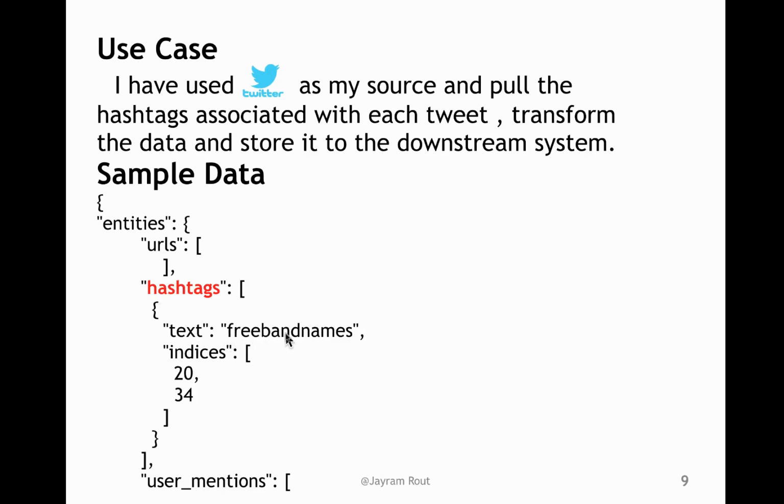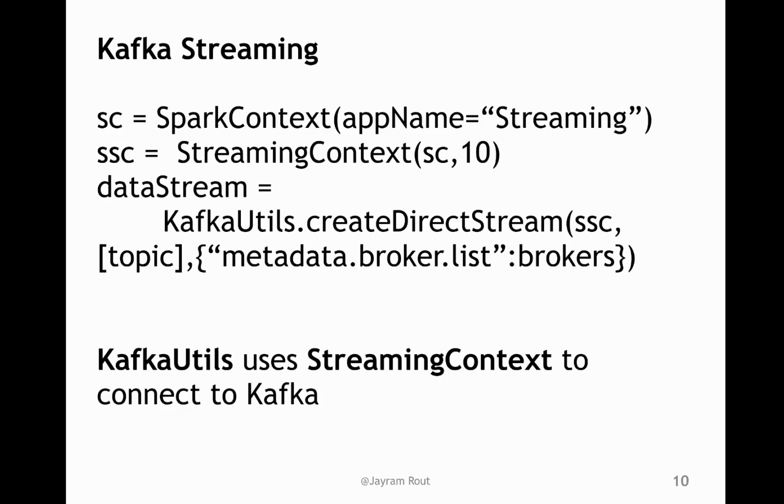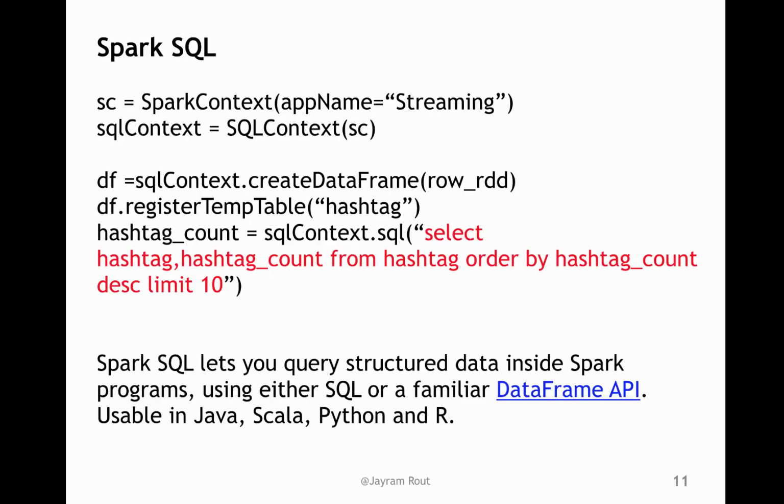free band names. This is Kafka streaming, and you can see we are using KafkaUtils, which creates a direct stream which uses a streaming context. That is a streaming context, and I'm running it every 10 seconds, and it pulls the data from Kafka.